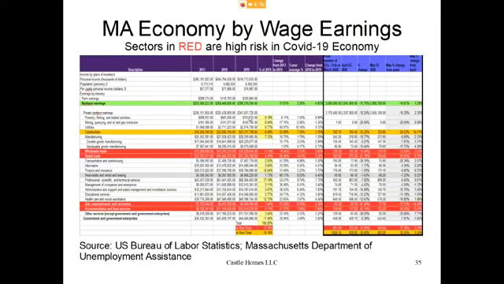So to see how big these sectors of the economy are, I took the 2019 earnings, income, and divided that by the non-farm earnings, and I came up with these percents in this column here, percent of 2019. This is in the yellow column, so it totals 100%.